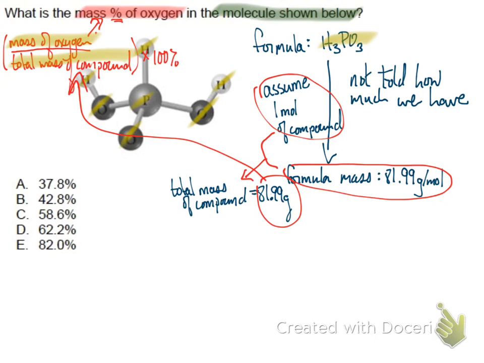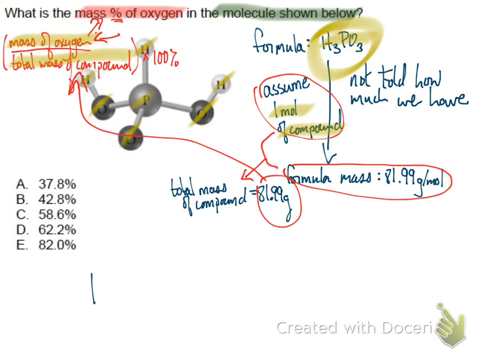Great. At this point, we've found the value that goes in the denominator of our definition of the mass percent of oxygen. What we still need to find is the mass of oxygen that's present. Well, how do we do that? Basically, we use the formula that we just solved for to give us the information that we need. Because we've assumed this, we have 1 mole of compound.